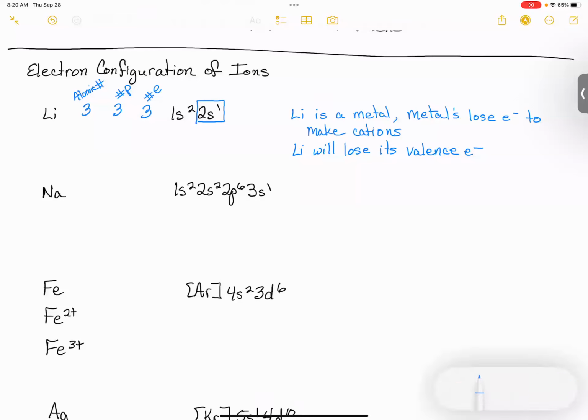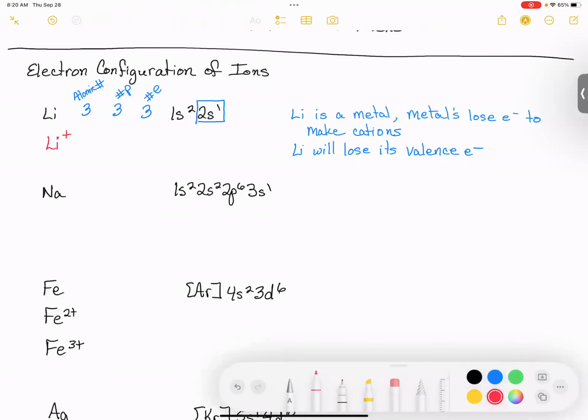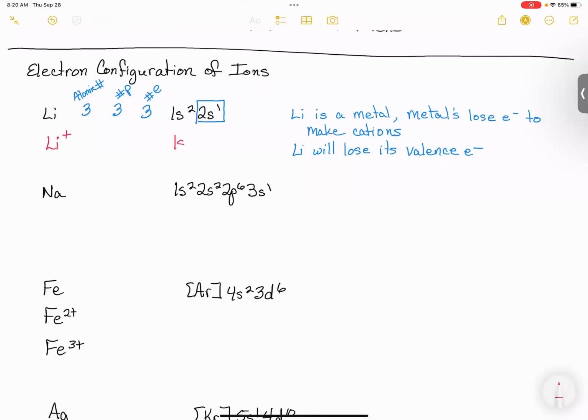As we move to make lithium ion, it is going to lose that 1 electron to have the electron configuration of 1s2, because that 1 electron is going to go away. As far as its atomic number, protons and electrons, lithium still is going to be atomic number 3. The atomic number cannot change.